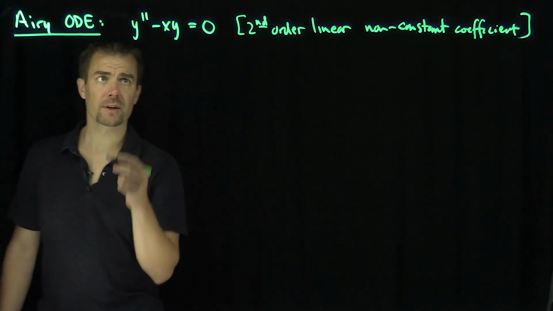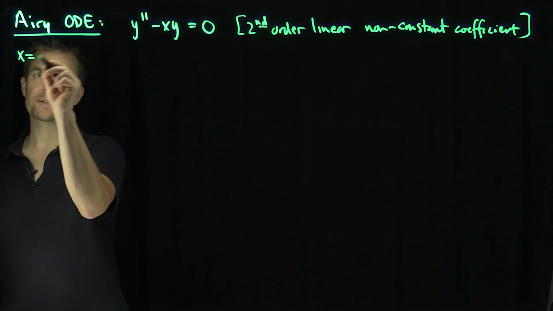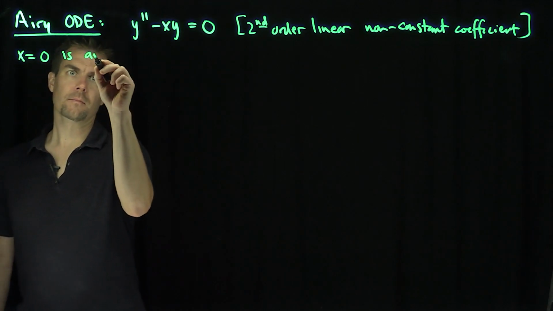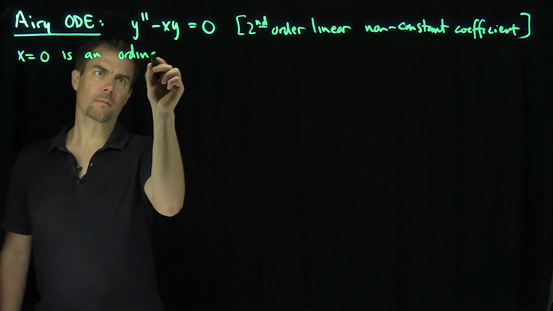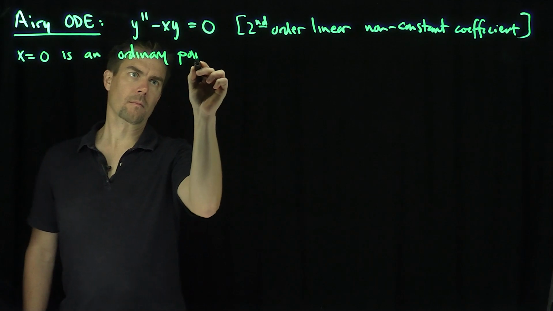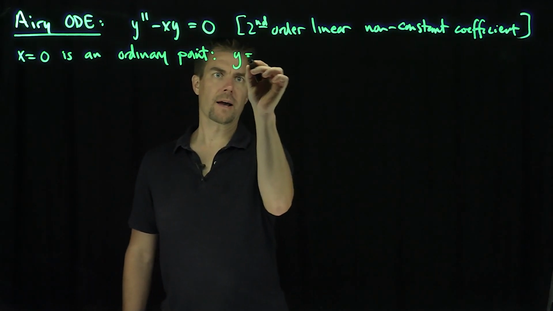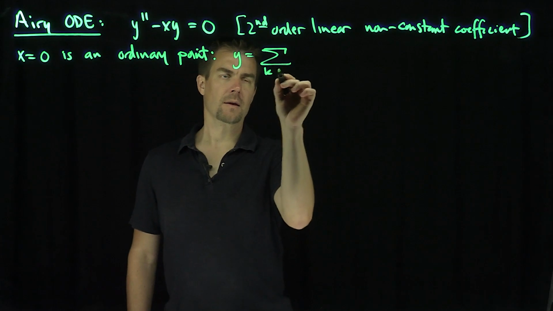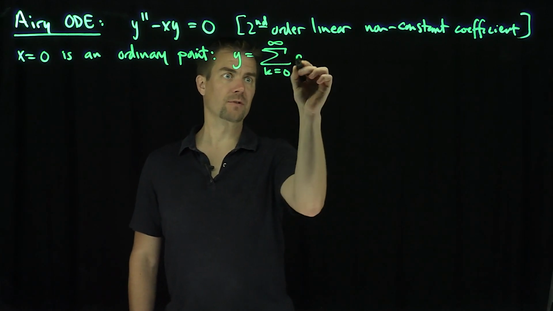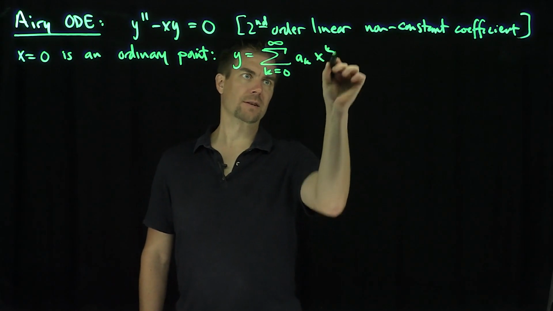And so what we're going to do is the following. x equals 0 is an ordinary point, and that allows me to write the solution y as the sum, k goes from 0 to infinity of some coefficients a_k x to the power k.